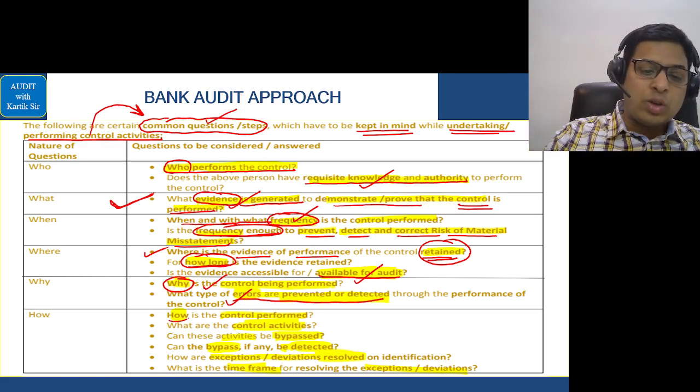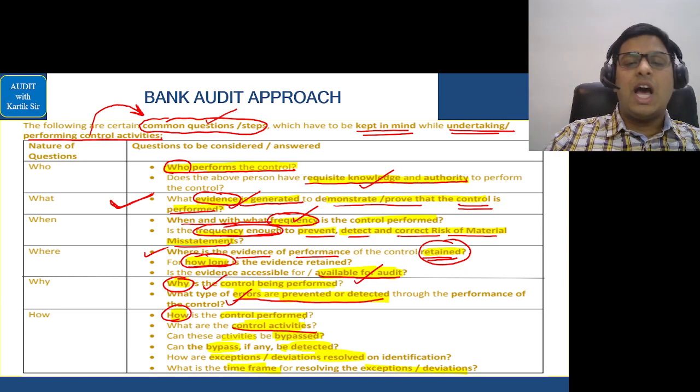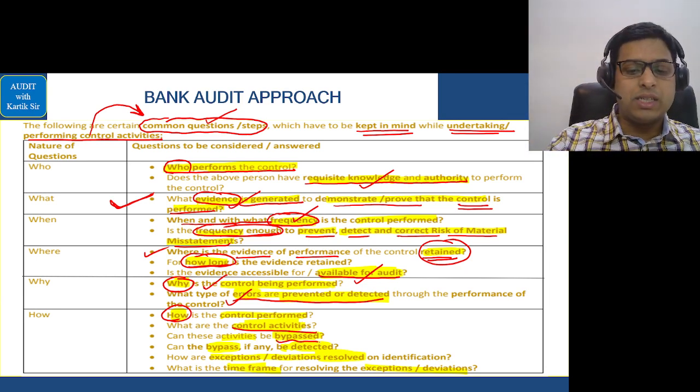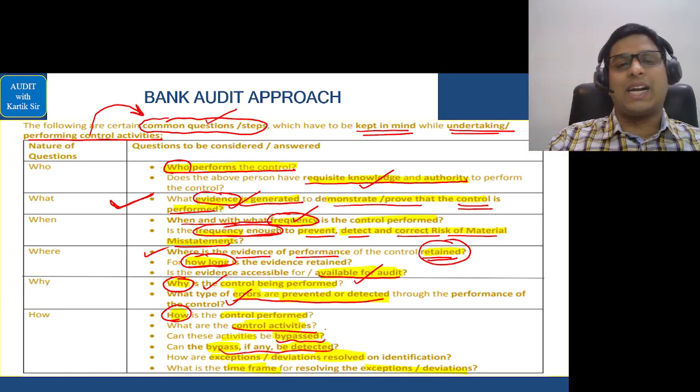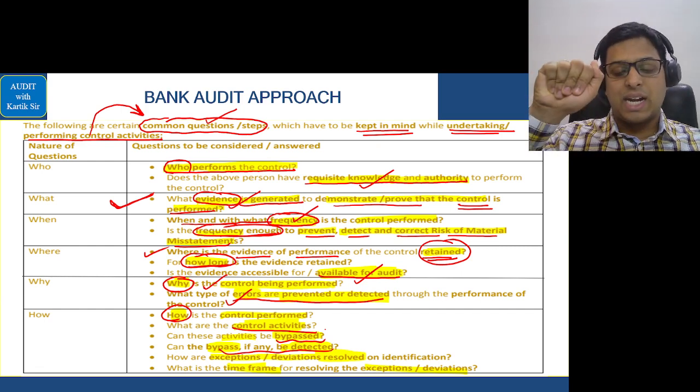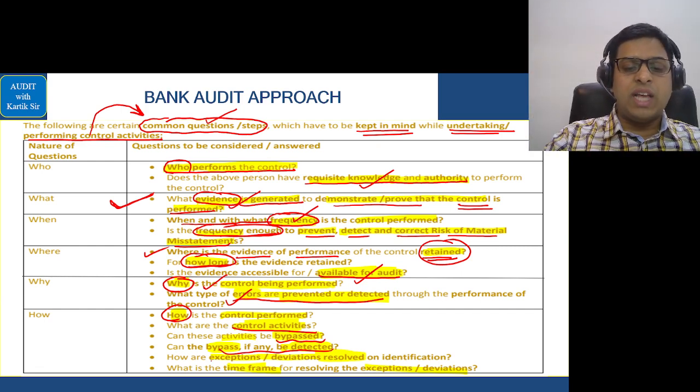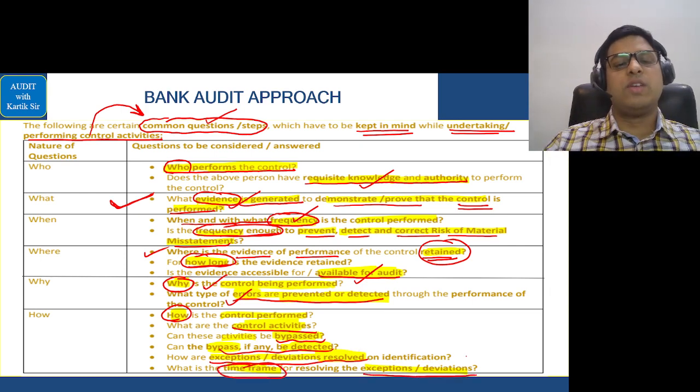Then you have how the control is performed, the control activities. Remember, bypass if any is detected. Then you have how the exceptions or deviations are resolved, and finally what is the time frame for resolving the exceptions or deviations. This is how you do the bank audit approach.